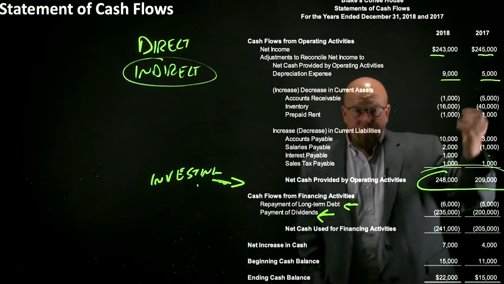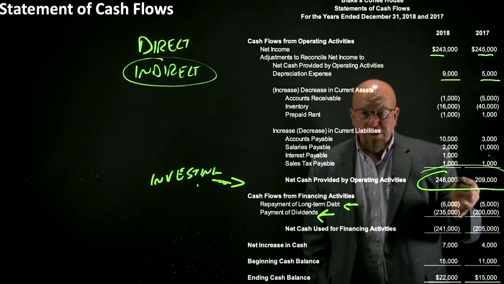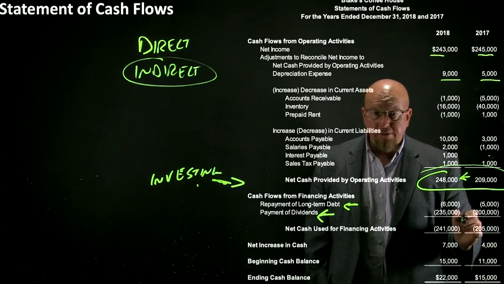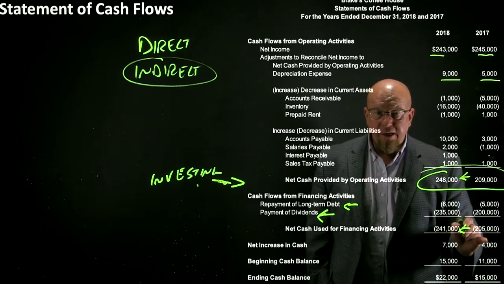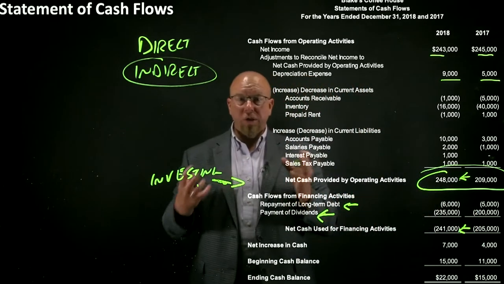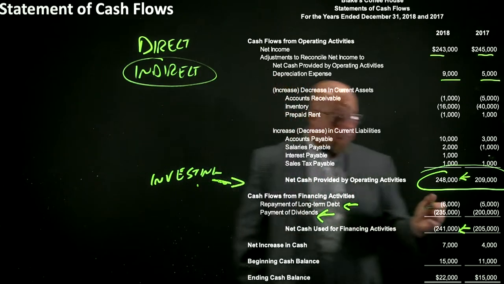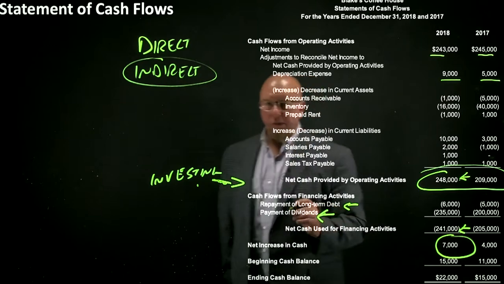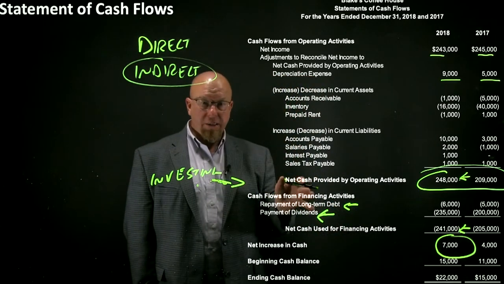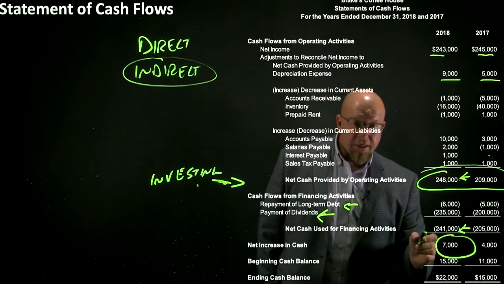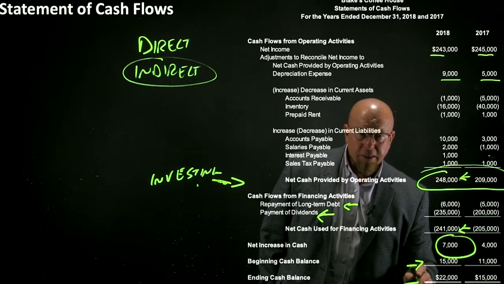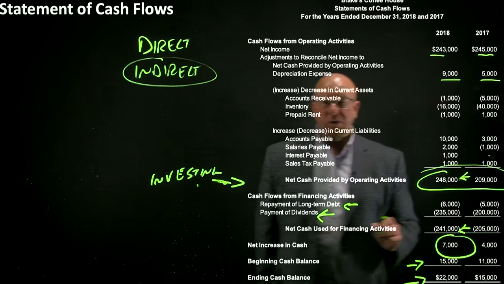So we see that operating cash flow, for example, in this case, is $248,000 positive, and then the financing activities used $241,000. That means that our cash balance increased by $7,000 from the beginning of the year to the end of the year. And that explains how our cash balance at the beginning of the year went from $15,000 to an ending balance here of $22,000.